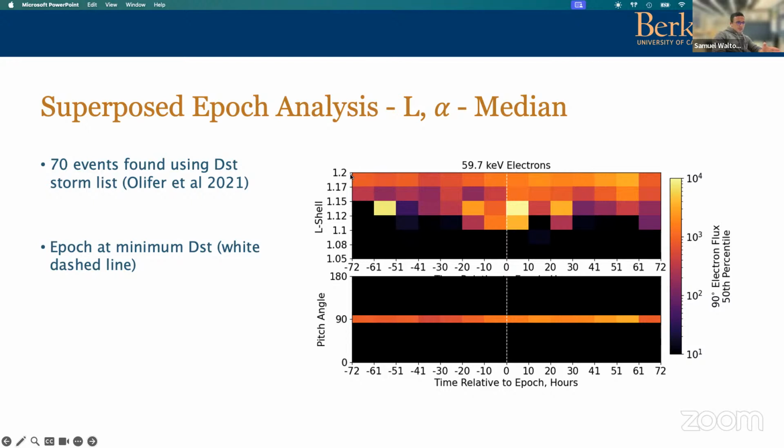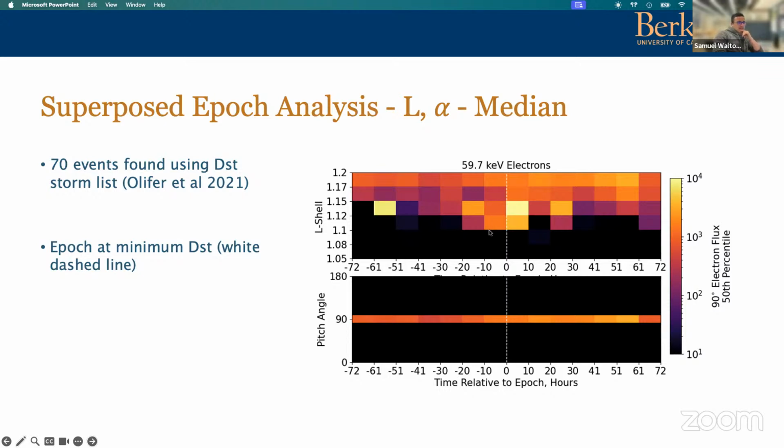And we're seeing again, below L of 1.2, 50th percentile, so median electron fluxes at 60 keV as a function of epoch time and L shell. And as I've just said, the 0 epoch is minimum Dst. Even with the median, so not in the most extreme cases, during storms you can see that there's definitely a relationship between storms and these very low L electrons.